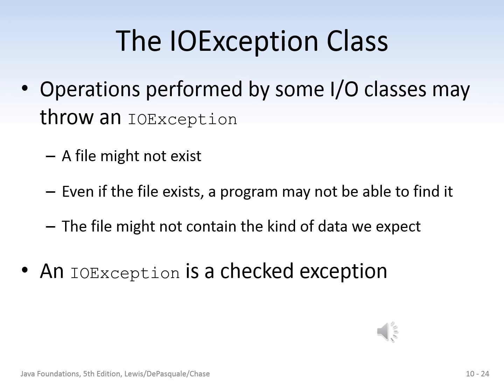It might not have a clear authenticated path to that file, or the file might exist but might not contain the kind of data that we're expecting. If we're trying to solicit integers or floats from a file that has just text in it, an IO exception will be thrown.